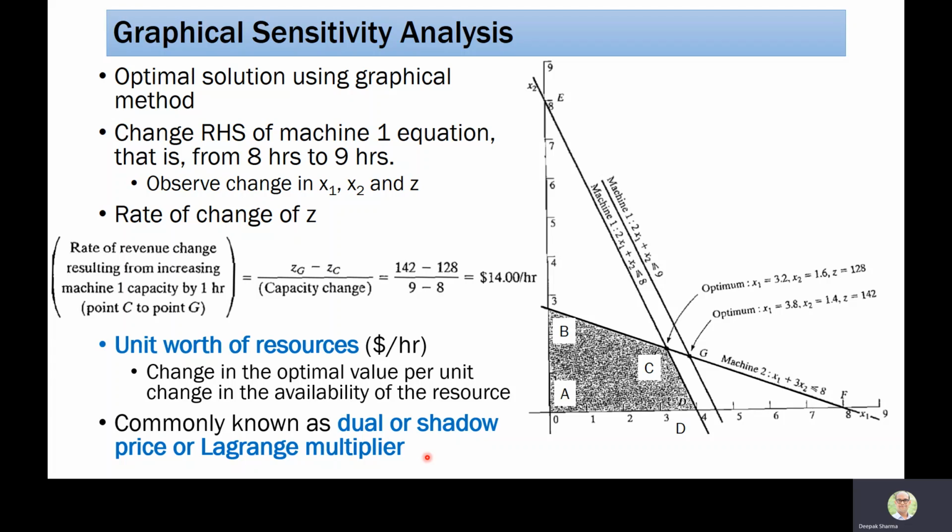I'm redefining it: the unit worth of resources, dual price, shadow price, or Lagrangian multiplier corresponds to the constraint. This means that for every constraint, there is a dual price. For constraint 1, we have identified the dual price.